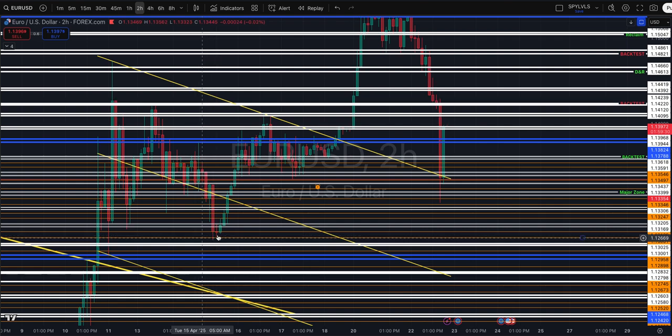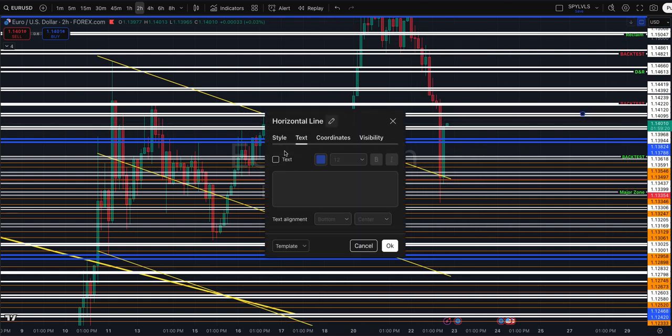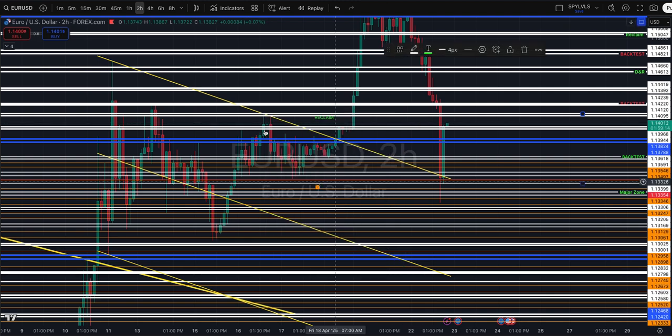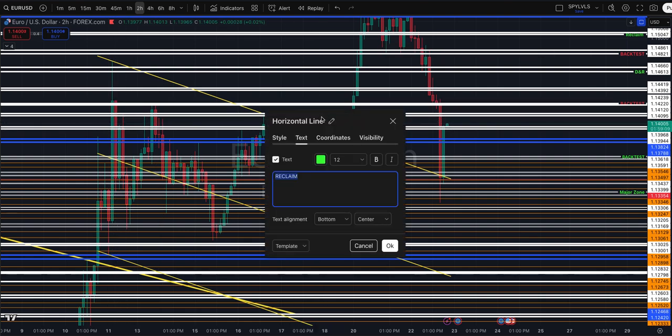Besides that, I'd love a failed breakdown if we keep on selling of this low and or this low and above. I'd like to see a reclaim of this level right here. So if we can hit this one, because as you can see, it was tested a lot on the way up, and we didn't really test it much on the way down.